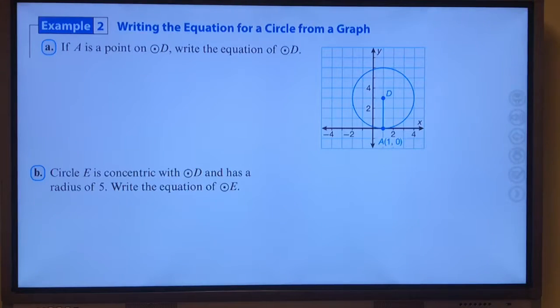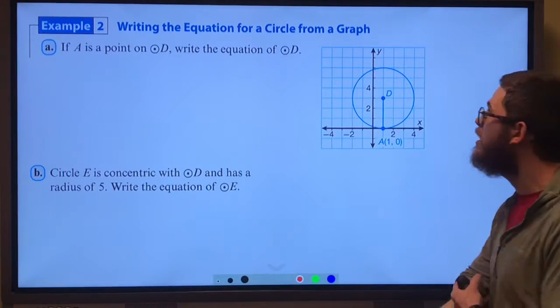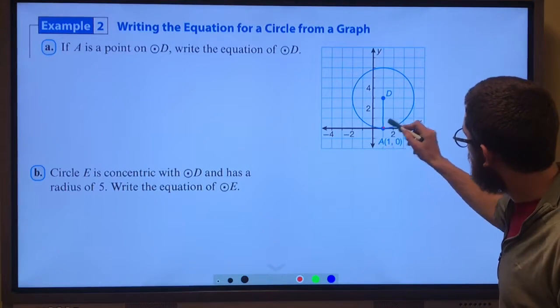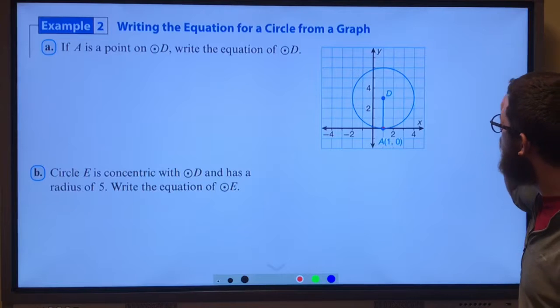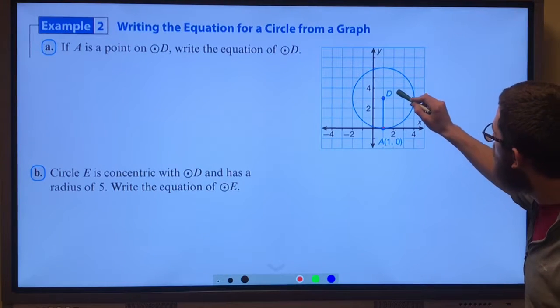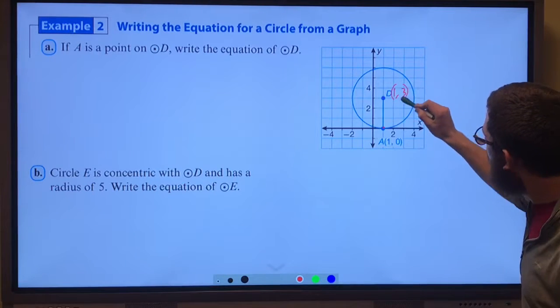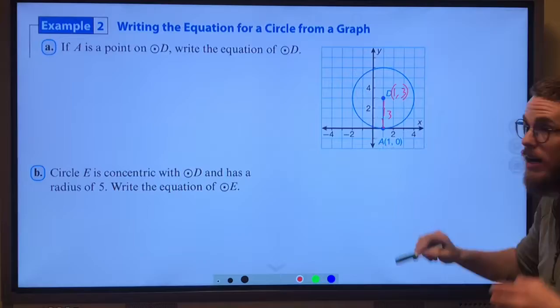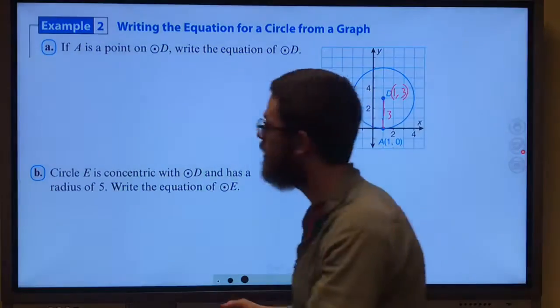It says if A is a point on circle D, write the equation for circle D. Well, A is a point right there, and we can see that D is that point (1, 3). I can see that the radius would be 1, 2, 3. It has a radius of 3, so we can plug these in.